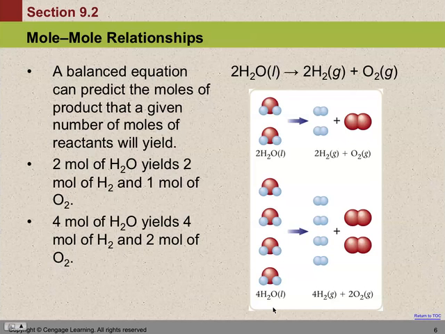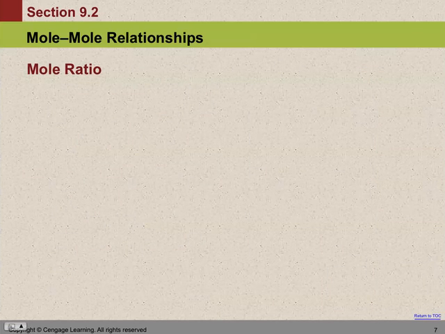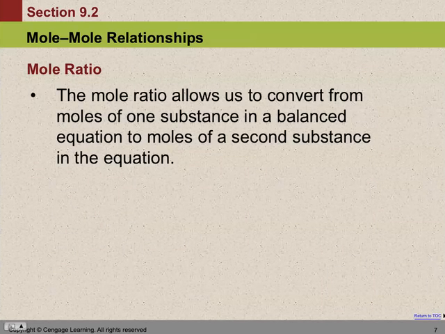Similarly, if we start with 4 moles of water, we produce 4 moles of hydrogen gas and 2 moles of oxygen. So the mole ratio allows us to convert from moles of one substance in a balanced equation to moles of a second substance in the equation, generally a product.